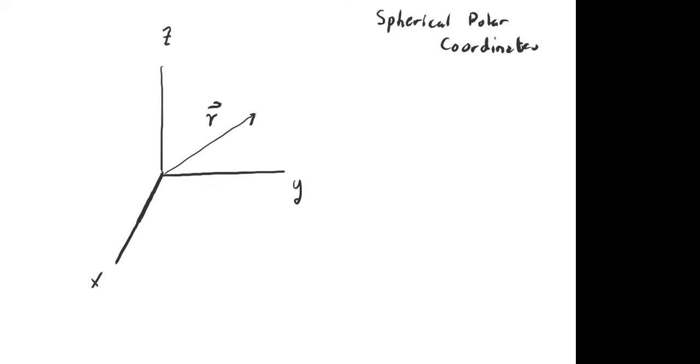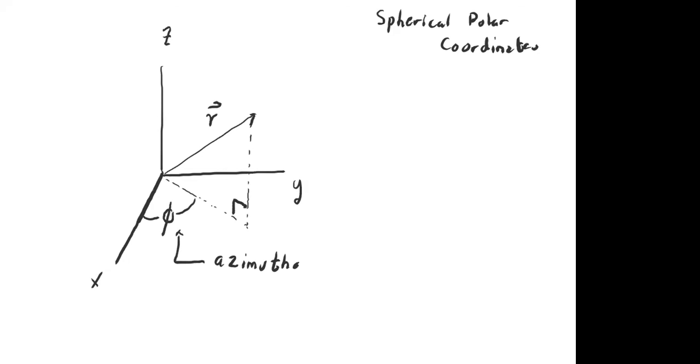So if I drop a line that's perpendicular to the XY plane, I can define another line here such that that's a right triangle. So I have two angles here. In our discussion of plane polar coordinates, I have something called the azimuthal angle.